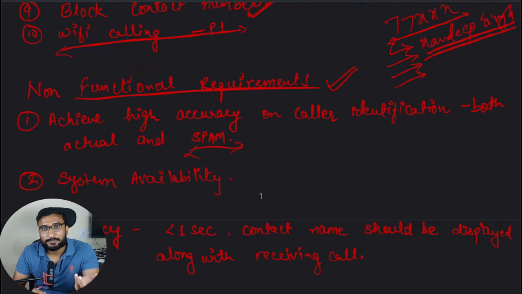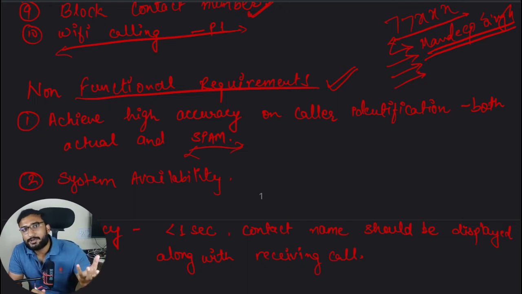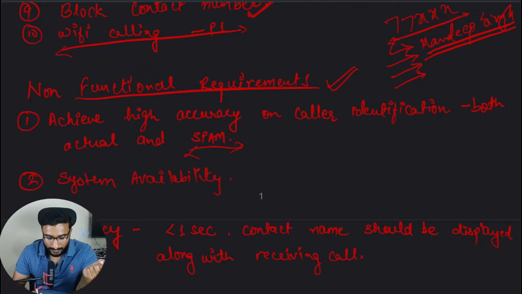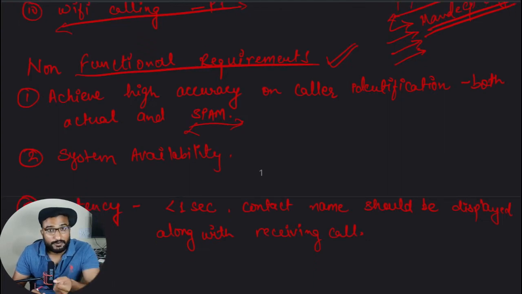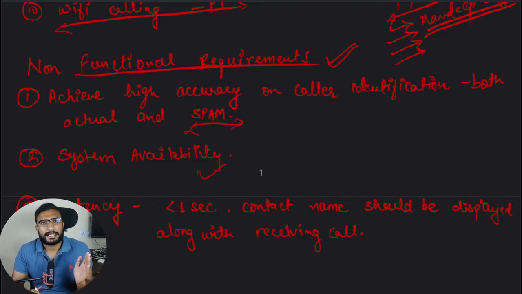I don't want to report spam for numbers which are not actually spam, not like someone reported it out of anger that this is a spam number and I display that to other users. So I want my system to have the capability to analyze spam numbers so that I display the correct information to other users. System availability, definitely, will go with any application you design.